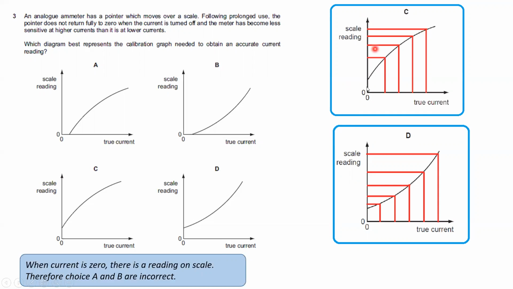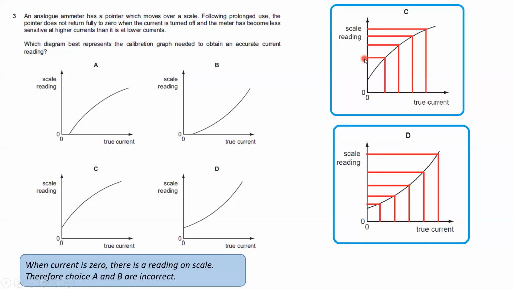So you can see as the current increases, the scale reading intervals decrease in option C. But in D, the scale reading started from small intervals, but it is increasing. So in this case, since the scale reading gaps are decreasing for higher currents, the intervals of the scale readings are decreasing.